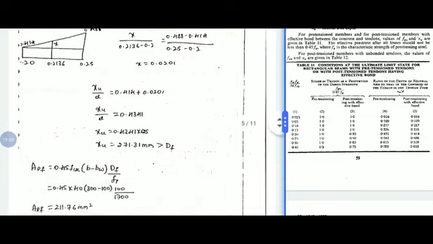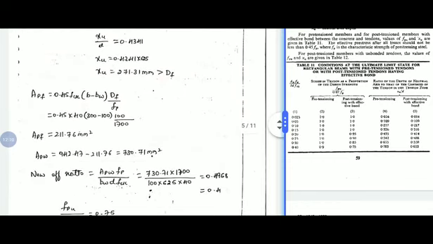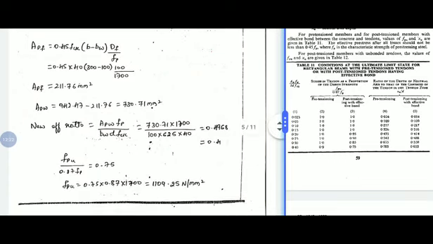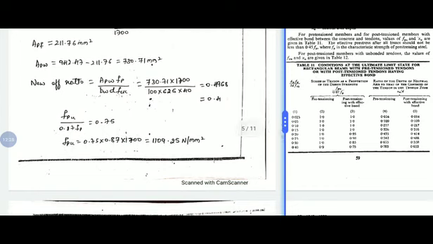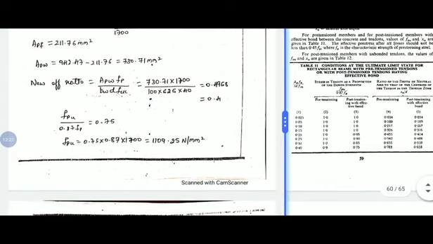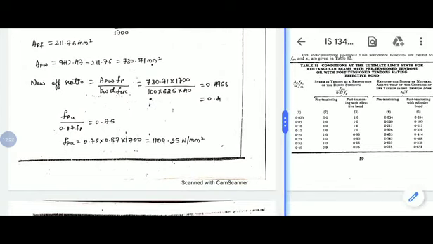So we need to find out the area of steel in the flange and web, APF and APW. After calculating APW, we need to find the new effective reinforcement ratio, APW FP by BW DFCK. Again with respect to table number 11, we need to get the values.